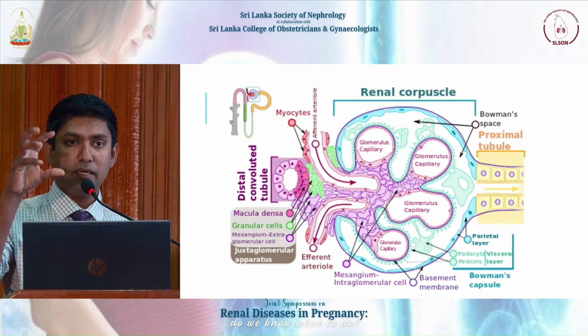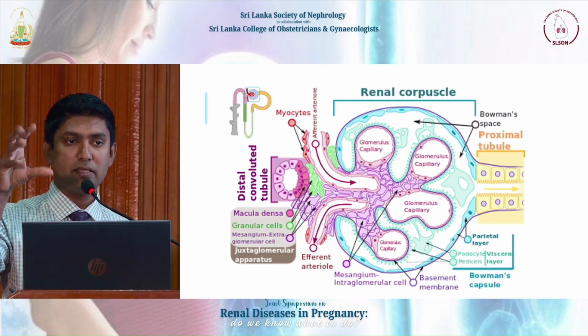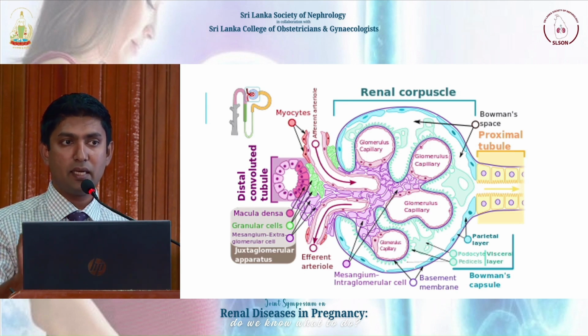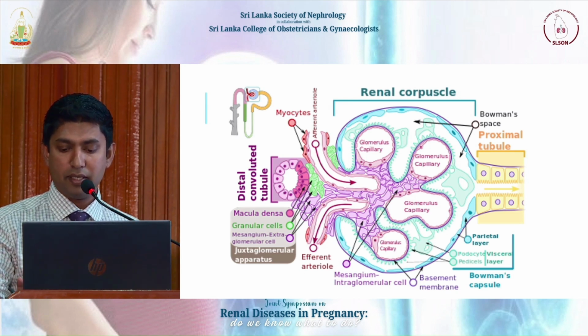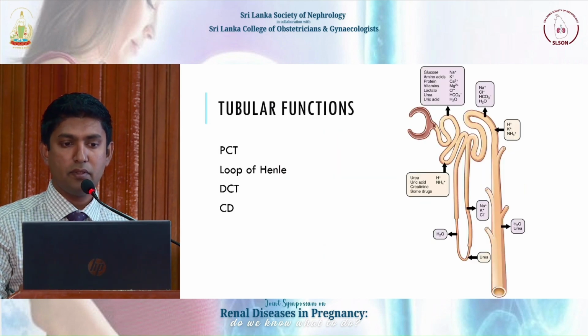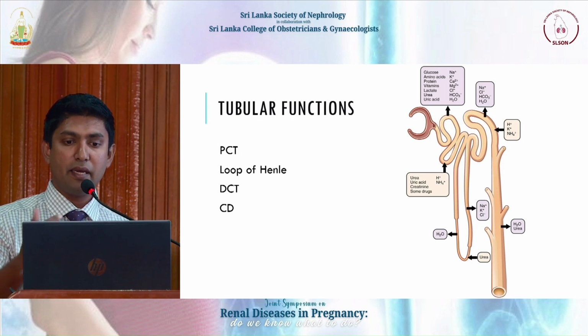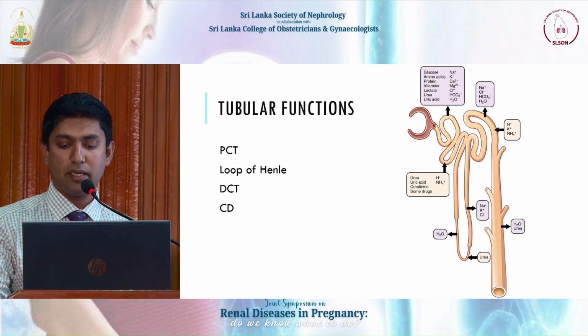They can contract and relax the glomerulus, so they can also control the amount of filtrate. Then we have the tubules: the proximal convoluted tubule, loop of Henle, the distal convoluted tubule and the collecting duct.